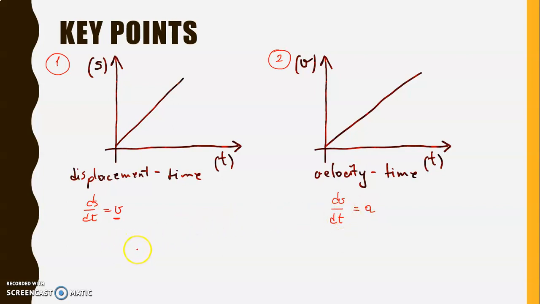So in conclusion, if we are given a displacement function and we differentiate, we end up with ds dt, which is the velocity. And if we differentiate that further, we find dv dt, which is the acceleration. So this is how you can find expressions for velocity and acceleration given a displacement function.